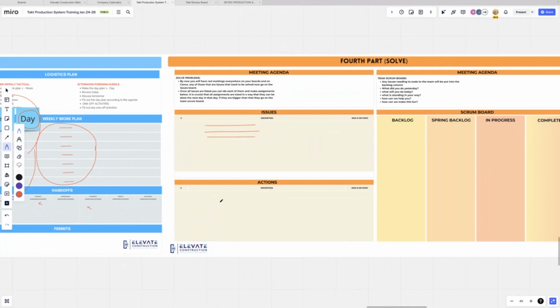What are the issues? What are the actions? And so you can write down the issues, right? And say, who's on point. And if there's an assignment, right, of here's what we're going to do, you make sure that that's assigned to the team and you don't leave the meeting unless somebody is on point, unless somebody's taking it.